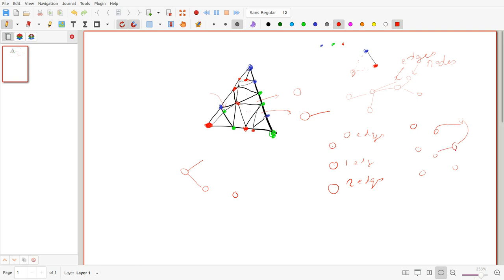And maybe, who knows, maybe there's a node which has three edges coming out of it. Oh, I'm sorry, I made a boo boo. Let me take this back. There cannot be any vertex which has three edges coming out of it. And our job is to find out or prove that in this kind of a graph, there is always a node which has one edge coming out of it.